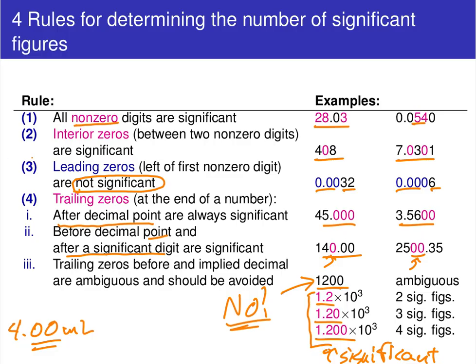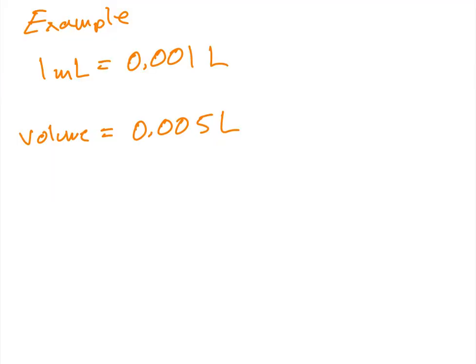Okay, so let's take a quick minute to look at an example involving rule number 3. I see a lot of confusion initially when we're covering this topic. Let's recall from our SI conversion sheet that we have a definition that allows us to move between milliliters and liters.